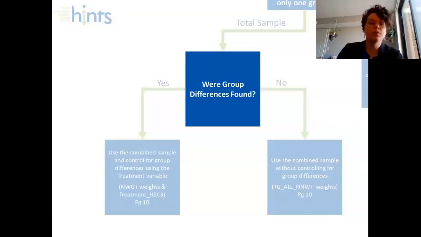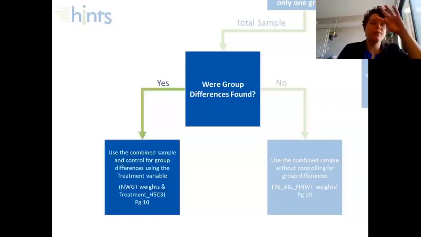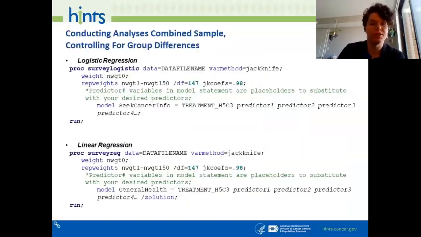And so you might be like me and you have to use the combined sample and control for group differences using the treatment variable. This is using the NWGT weights and the treatment_H5C3 variable for the controlling variable. This code is going to look exactly like whenever we were assessing for group differences, except for now we get to put more predictors in.